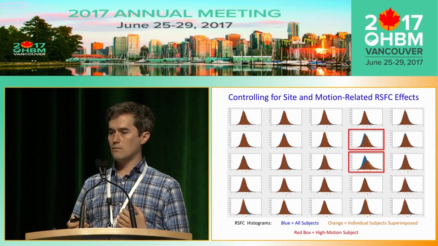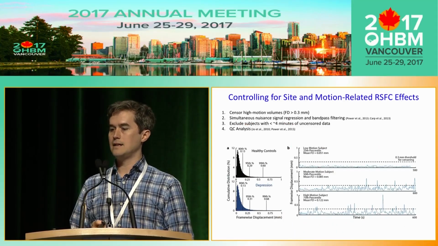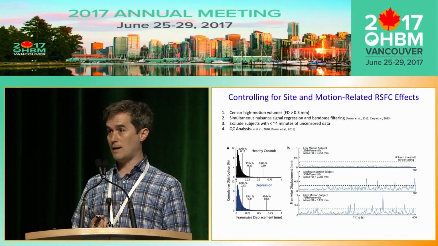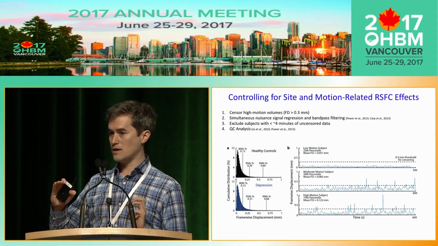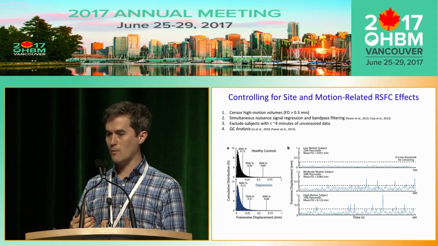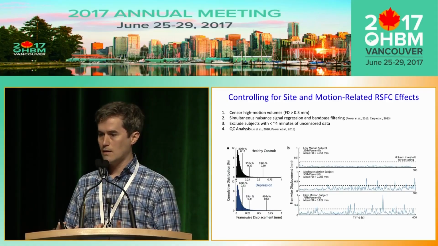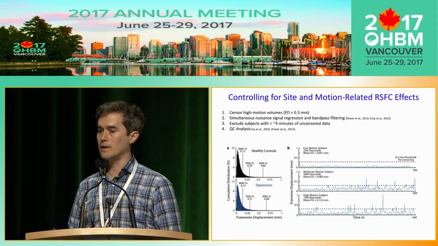So we need to think about how to control for these kinds of artifacts. The way we went about doing it was just by trying to implement what other people have done at the more stringent end of the spectrum of how you might go about controlling for motion-related artifact. We censor high motion volumes. We define those as volumes where the frame-wise displacement exceeds 0.3 millimeters.